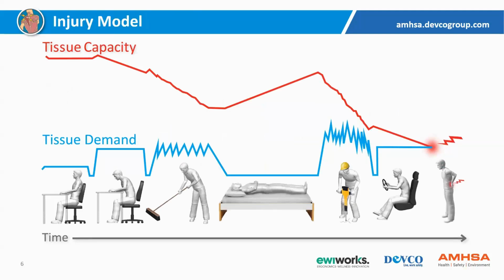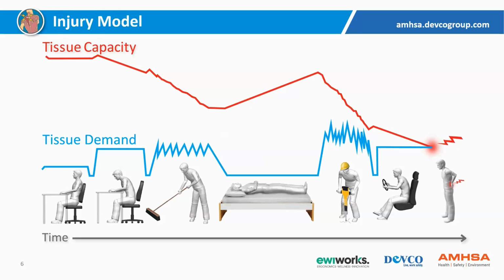Last slide, just talking about kind of to get us thinking about the injury model, and then we'll get into more of the stats specific to AMHSA. Some of you will have seen this slide before from me if you've attended some of the other sessions. The simplest way to think about this slide: the red line on the top is our tissue's capacity to do work.